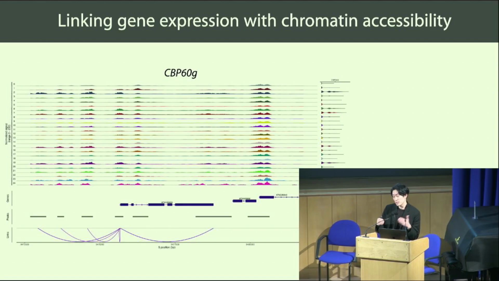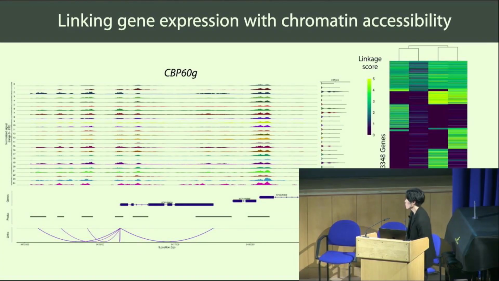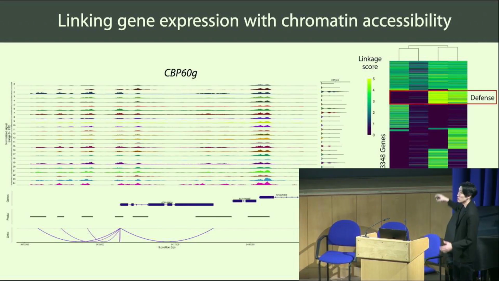And we can do this kind of analysis genome-wide, transcriptome-wide, and identify thousands of genes that showed at least one significant link to the chromatin regions in at least one of those infection conditions. For example, we found some defense genes are specifically linked to one or more chromatin regions only when infected by those two immune triggering pathogens, but not the immune suppressive pathogens or mock condition.